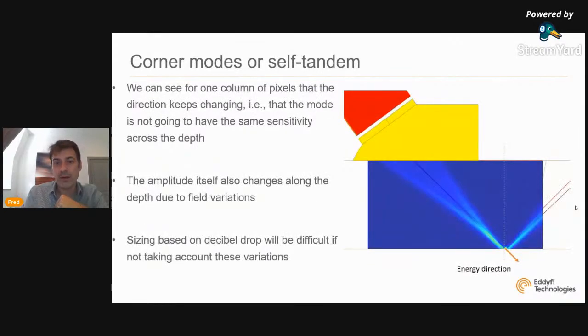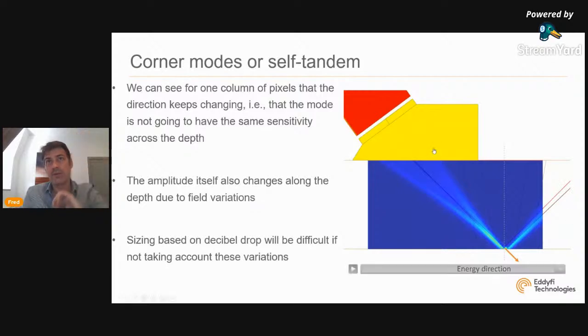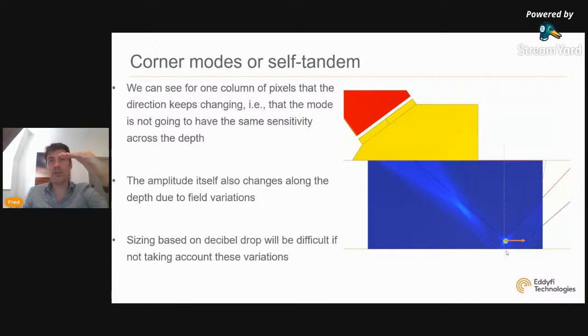So let's look at how this direction evolves as we move our focal point along a vertical line, kind of following a vertical defect. So here we are starting here. We see that the direction is going this way. Now we are pretty much horizontal, so sensitive to vertical defect, starting to go up a little bit and higher and higher.